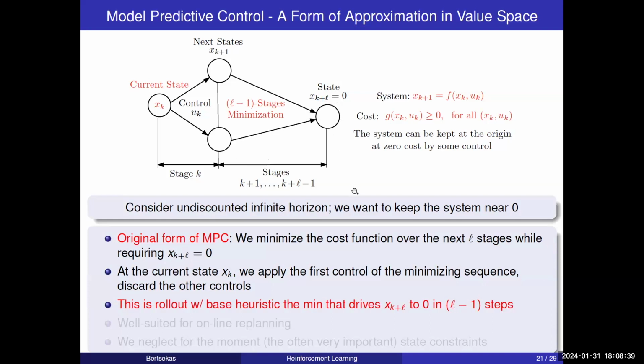Infinite penalty for not being at 0. Whichever way you view it, it is very much like approximation in value space. It inherits some of its good properties, in the sense that it's well suited for online replanning. So if the system equation changes or the cost changes or some constraints change, you still do the same thing, except that you incorporate the new problem data into this minimization.